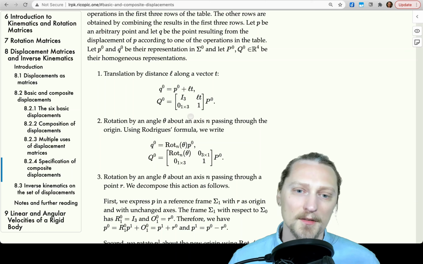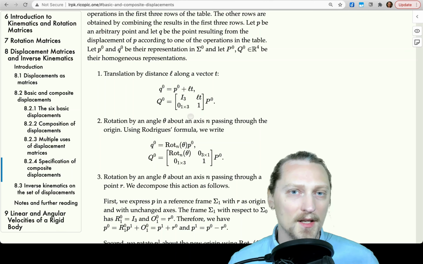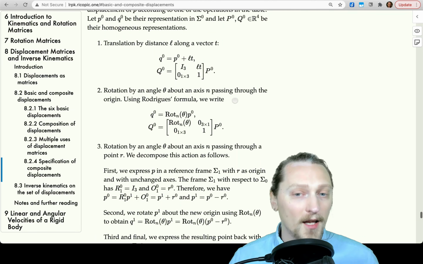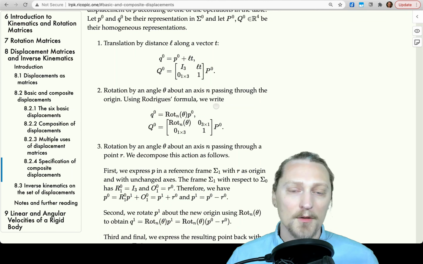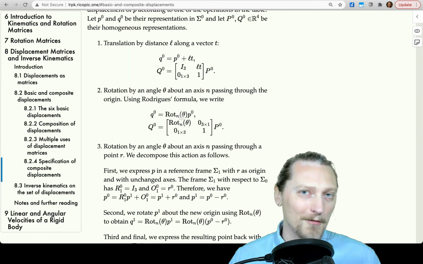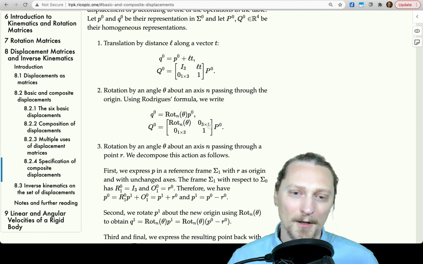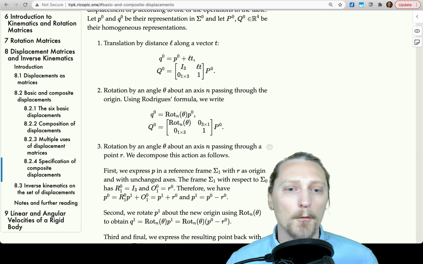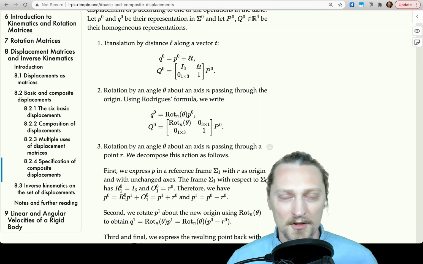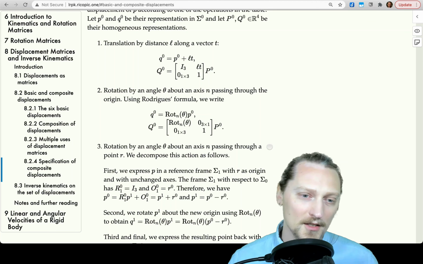This matrix is, of course, the displacement matrix for this case. 2. Rotation by an angle theta about an axis n passing through the origin. Using Rodrigues' formula, we can write that P0 is operated on by the rotation matrix about n of theta to give us Q0. In the homogeneous representation, we would have this. We prefer to use the homogeneous representation because it has both the rotation and translation.